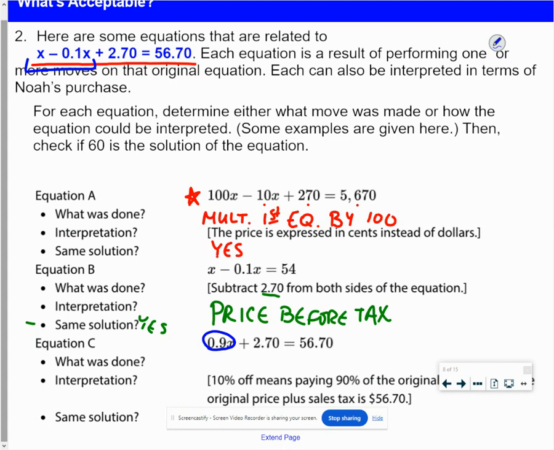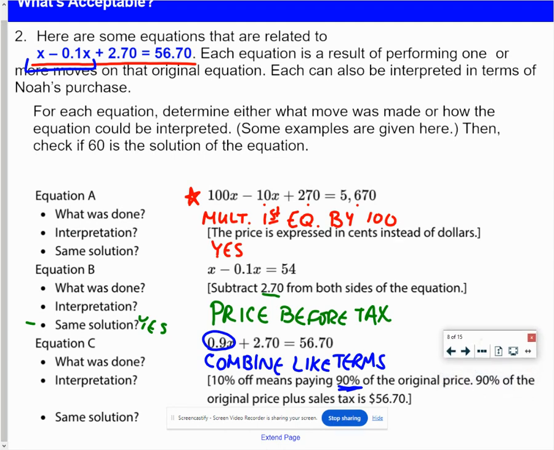So what they did was they combined like terms. And that interpretation is saying that instead of having the original price minus 10%, well, when you take 10% off, you're actually paying 90% of that original price. Instead of doing it in two steps, they're just trying to put it all into one step.